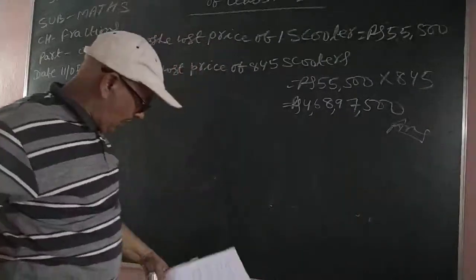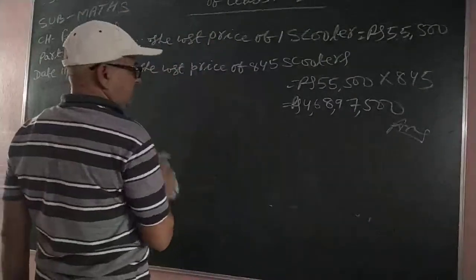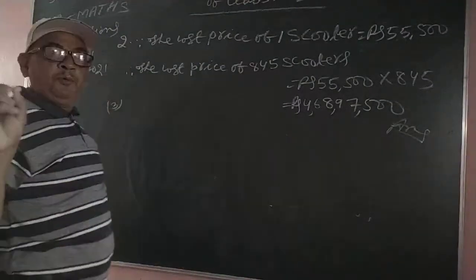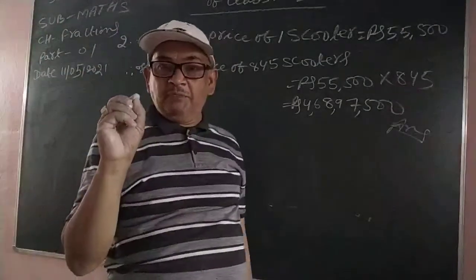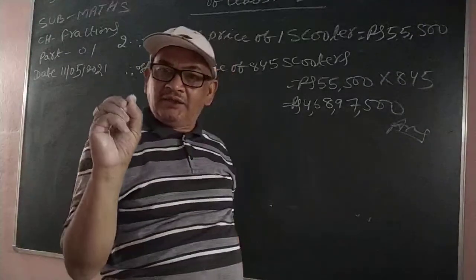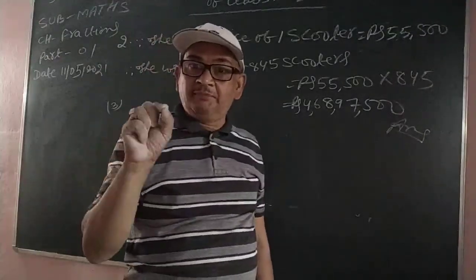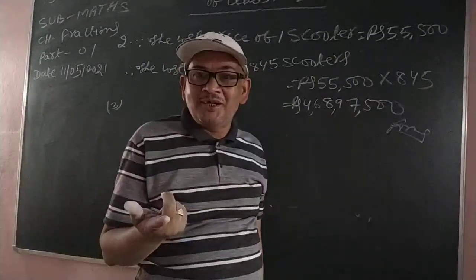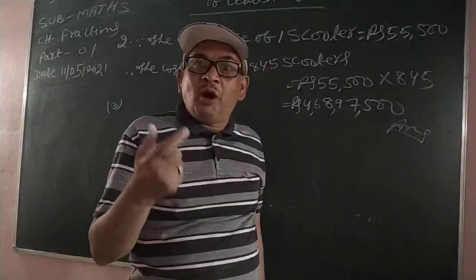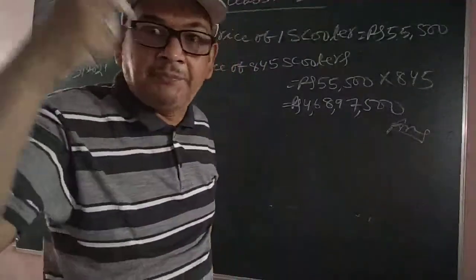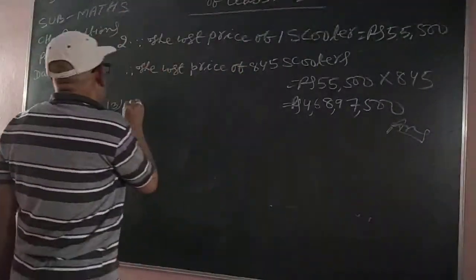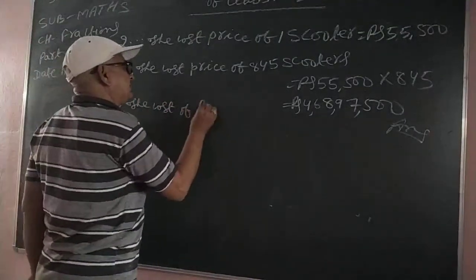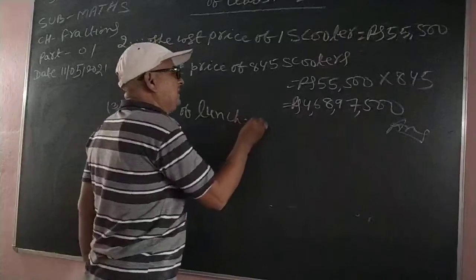Is it clear? Now, the third question. An employee has spent 30 rupees on lunch, and for tea he has spent 10 rupees. So what has he spent for 25 days? The cost of lunch is 30 rupees.